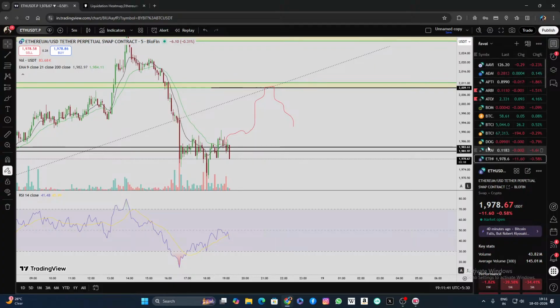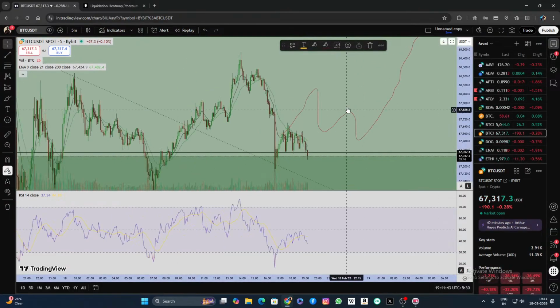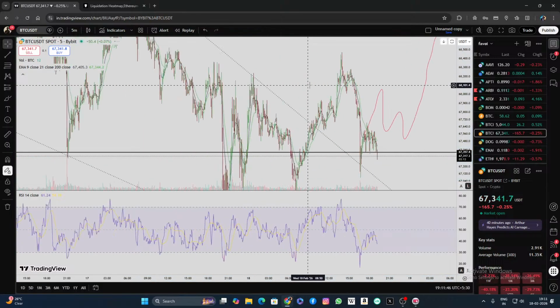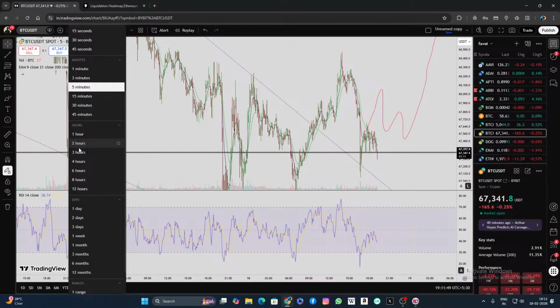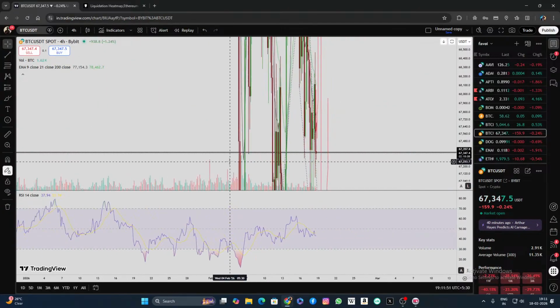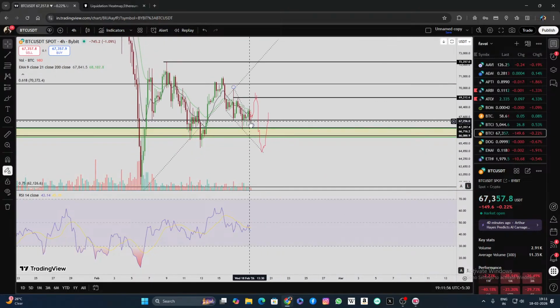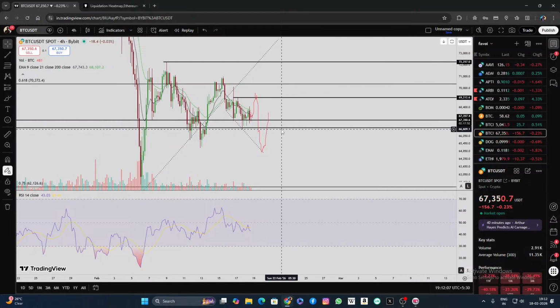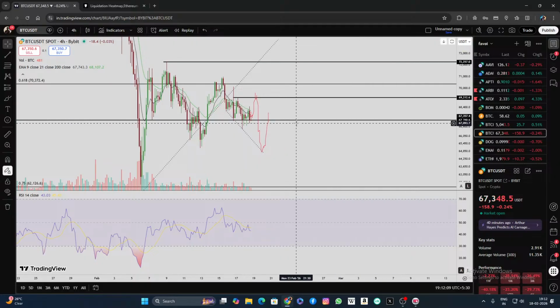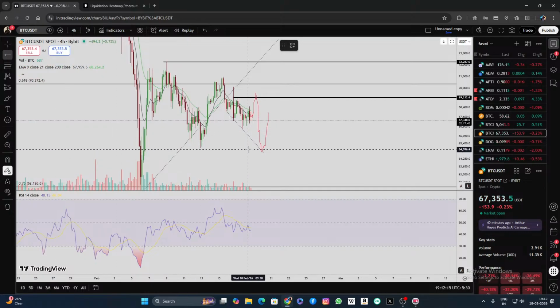I think BTC also, close in profit if you guys are still holding. If anybody wants to put a limit on BTC, you guys can do it around this zone.